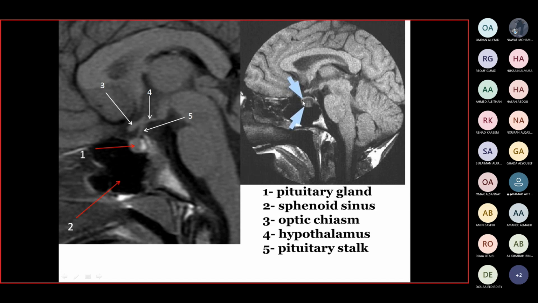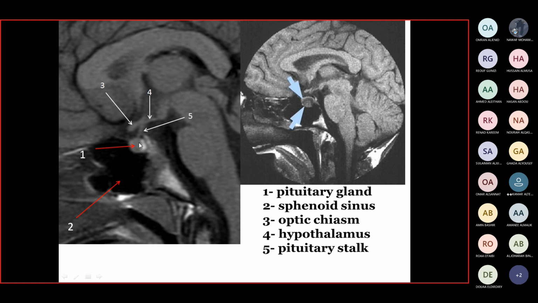This is the area of the pituitary gland, superior to the sphenoid sinus. The sphenoid sinus appears hypo-intense, but this is the soft tissue signal intensity of the pituitary gland. Also, this is the sphenoid sinus, and above it is the pituitary gland.